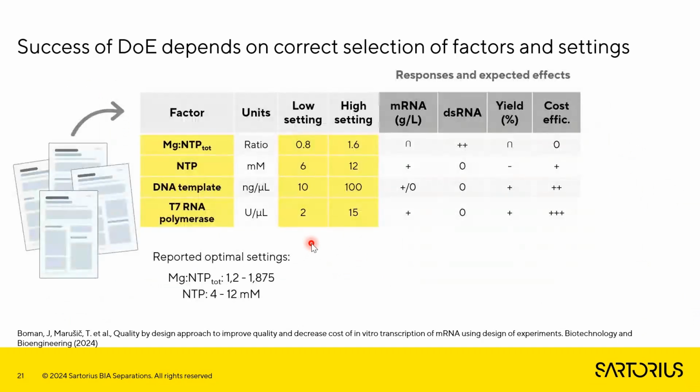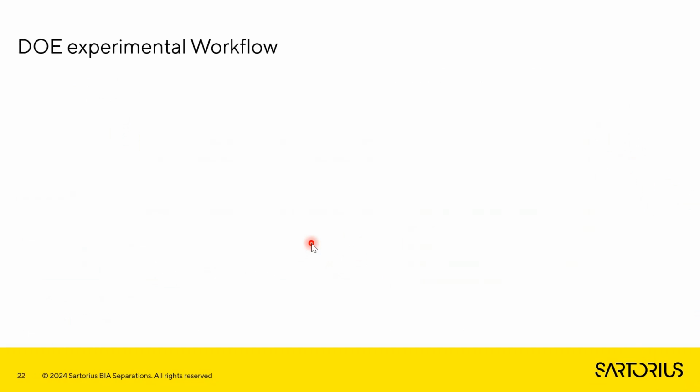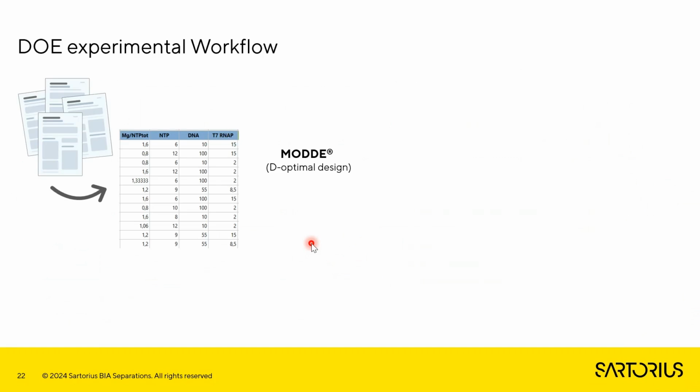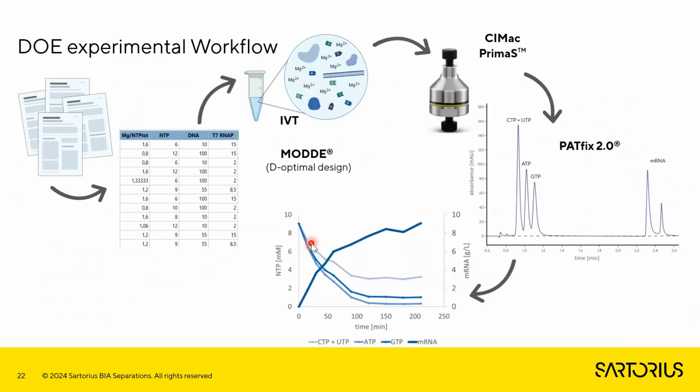This was the design of the study. I'm not going to go into details, but they're based basically on prior literature search. So reading prior literature is always a good starting point. And then we converted the design, so a theoretical design, into performing IVT reaction.